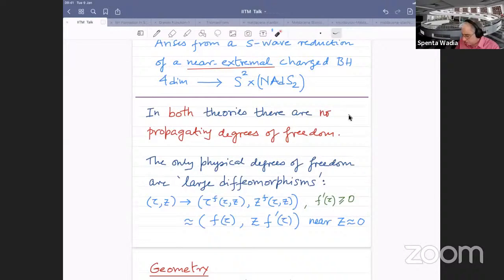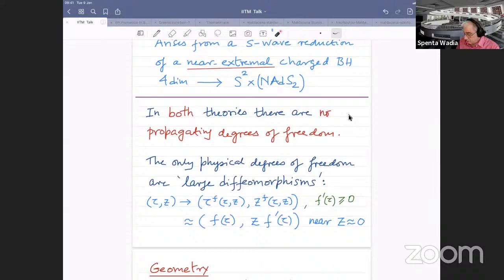Large diffeomorphisms are defined in terms of a map of tau, a real parameter, to a space of functions f, with the proviso that the Jacobian f prime, the derivative, is positive, or can be 0 at most.